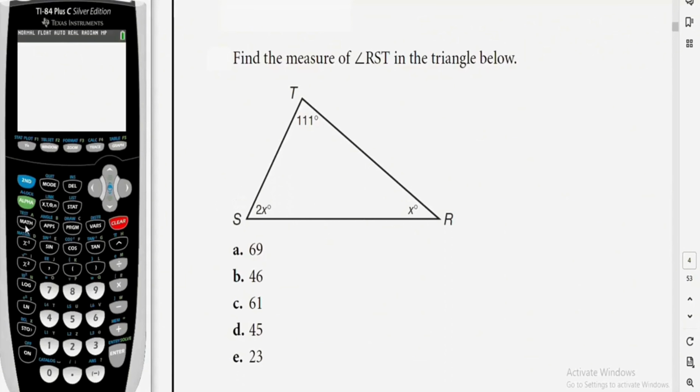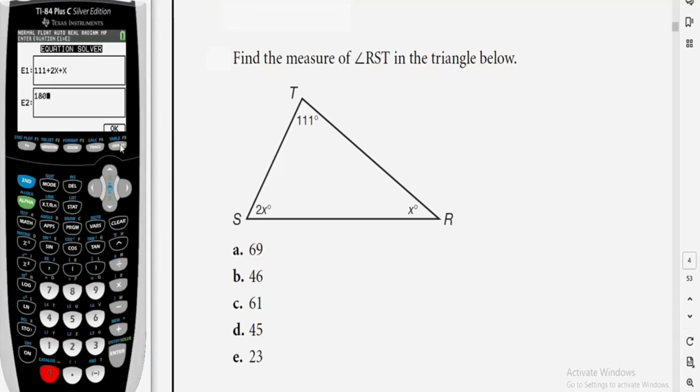You press this mouse button, then scroll up to equation solver, press enter. Alright, so I'm going to have 111 plus 2x plus x. So come to E2 and input 180, since we are equating everything to 180.